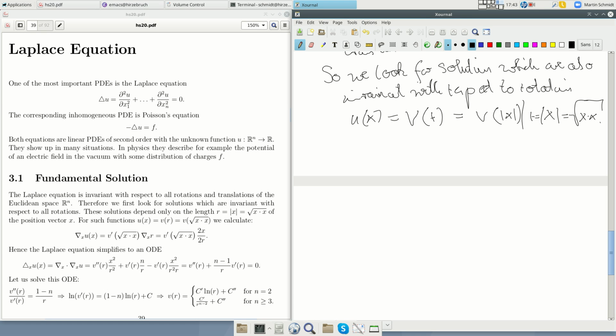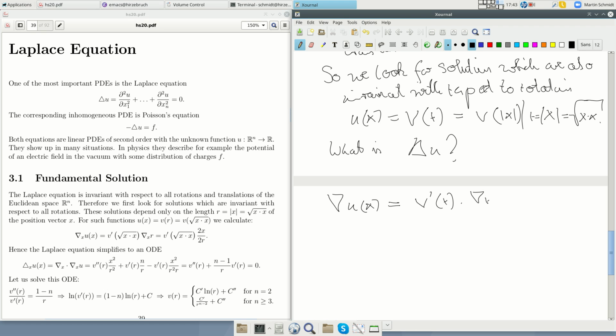Now let's calculate the Laplace operator. What is the Laplace of u under this assumption? So let's first calculate the gradient of u of x. If it's of this form, then by the chain rule, this is v prime of r times the inner derivative, of course, we should take the gradient of r.